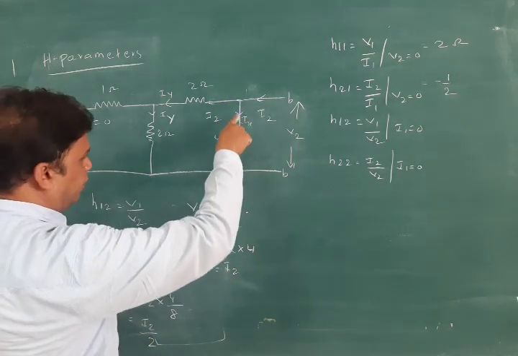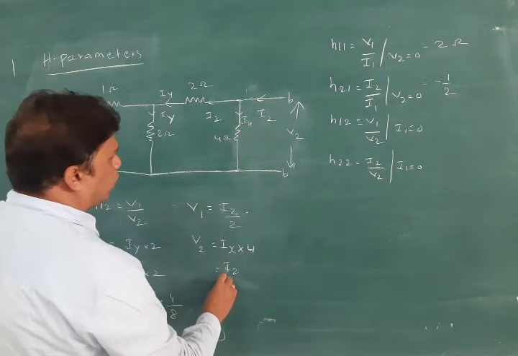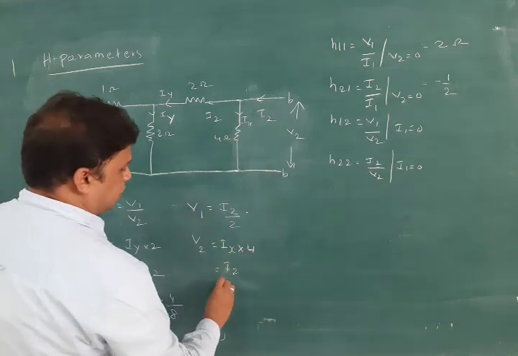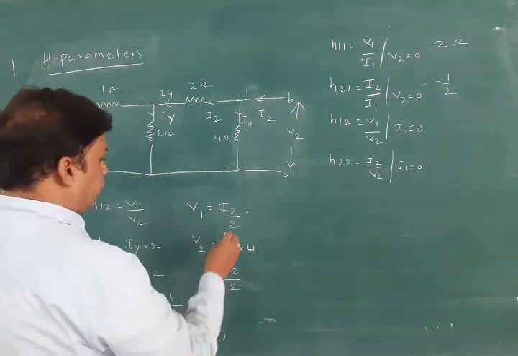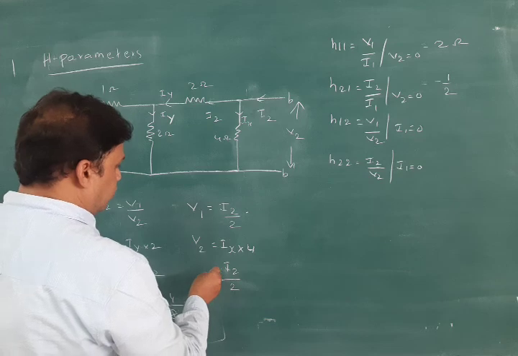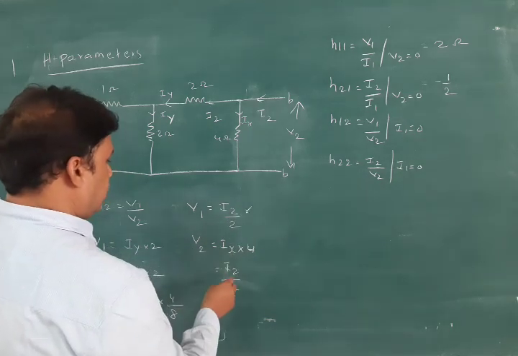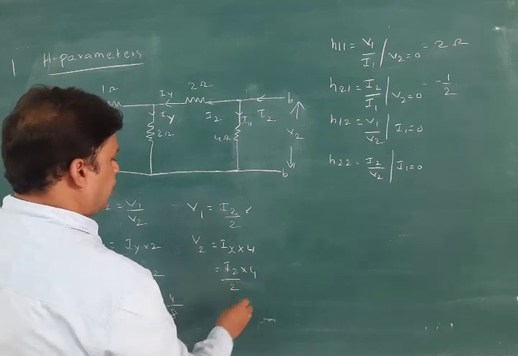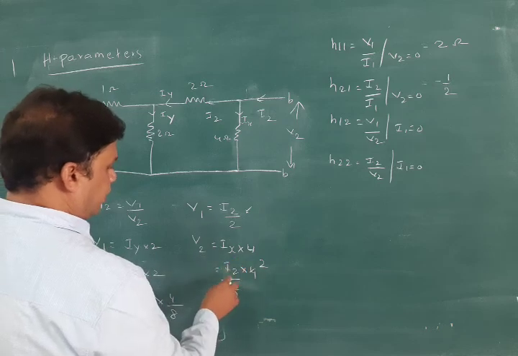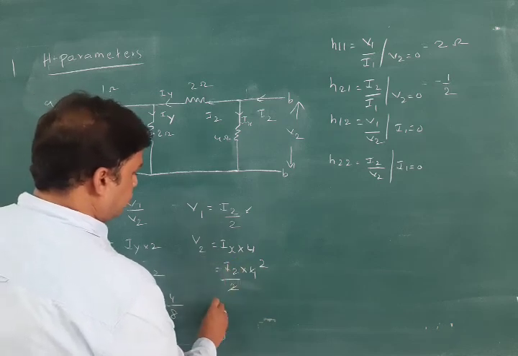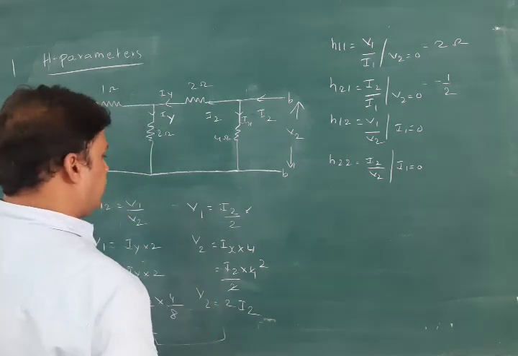If I want the current through this branch or this branch, it will be the same, I2 by 2, total current into opposite resistance by total resistance. So we got V1 and also V2. Ix into 4, here I2 by 2 into 4, that is equal to 2I2. V2 is equal to 2I2.